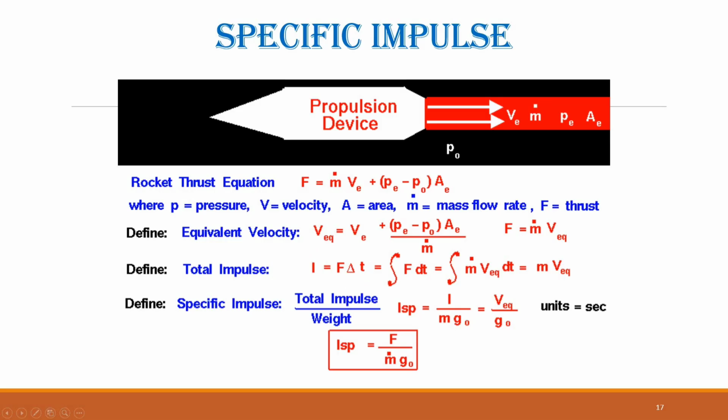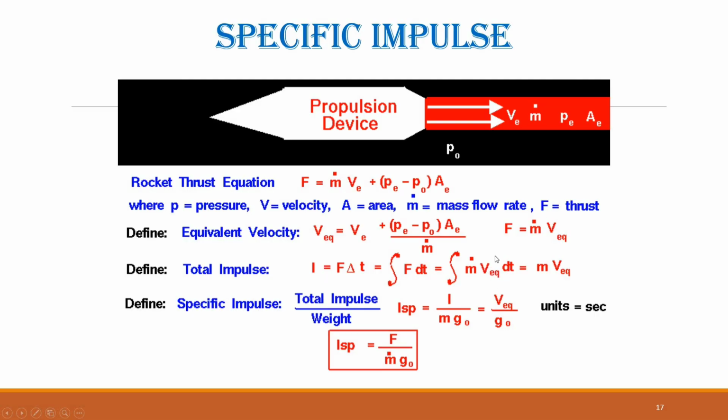If the thrust varies with time, the total impulse can be expressed as an integral. Total impulse equals the integral of thrust with respect to time. Substituting the thrust equation in terms of equivalent velocity, total impulse equals the integral of mass flow rate multiplied by equivalent velocity with respect to time.